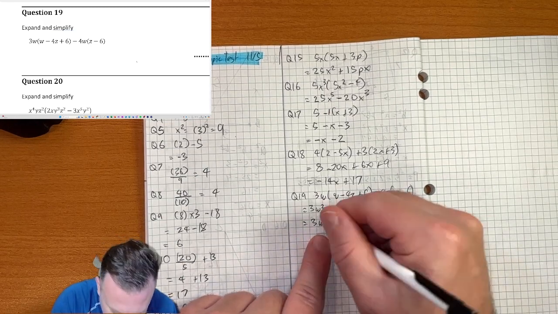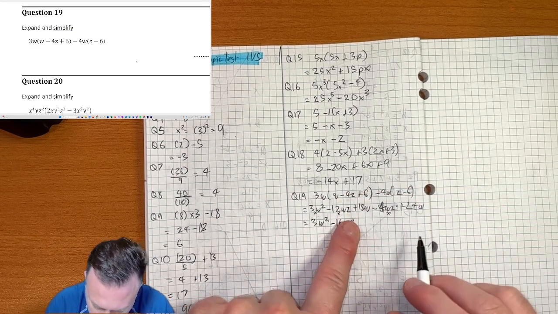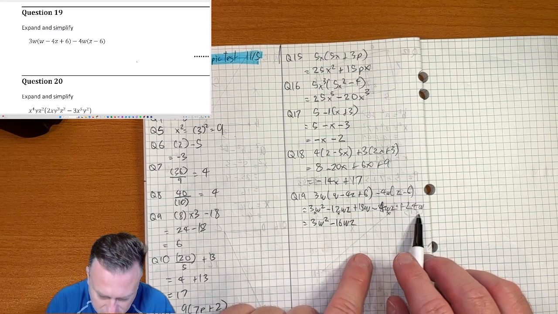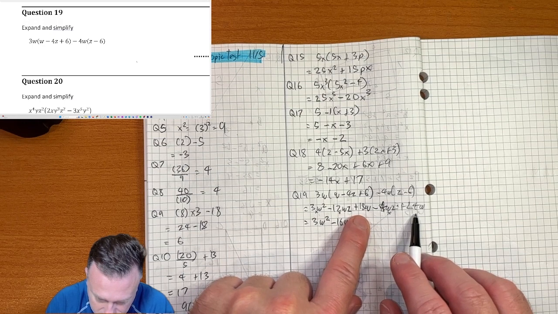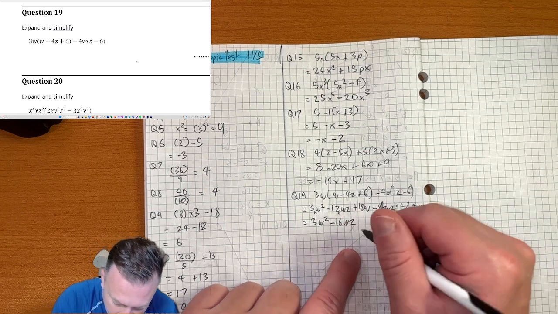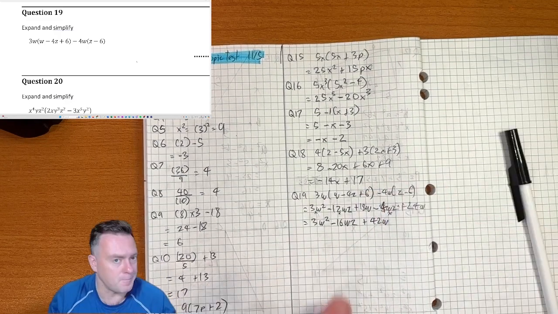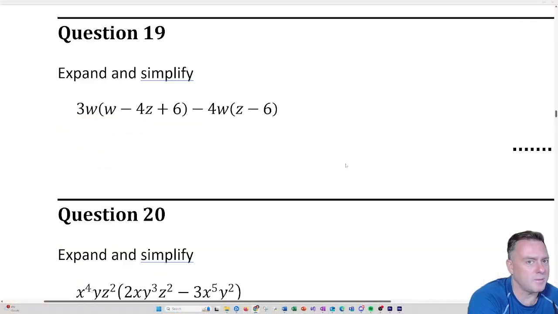So they're handled, so that's done, that's done, that's done. And then we've also got the 18w and the 24w. So 18 plus 24 gives us what, 42? So then plus 42w. A little bit of a tongue twister on that one.